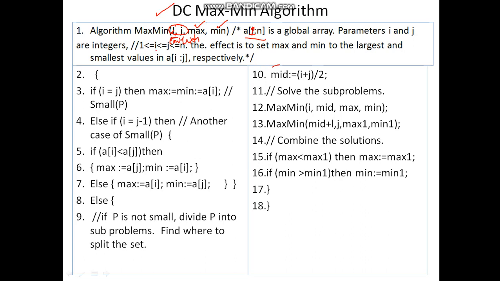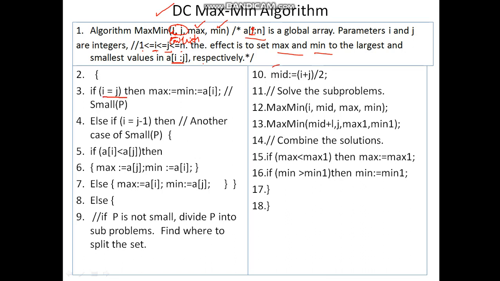I is less than j, where I is the lower index, j is the higher index, I can be greater than or equal to 1 and j can be less than or equal to n. The effect is to set maximum and minimum to the largest and smallest values in the indices I to j respectively.